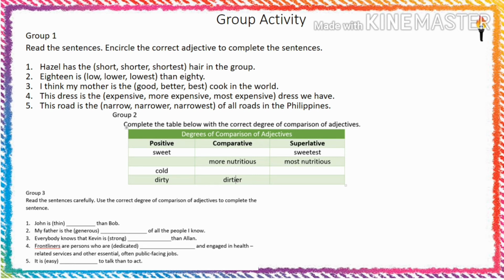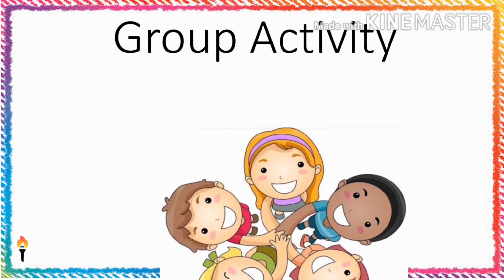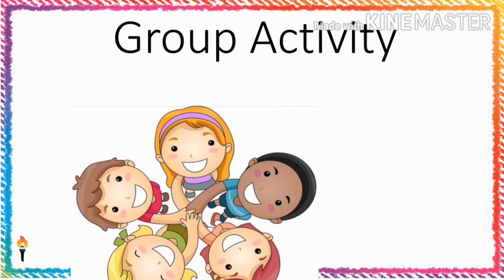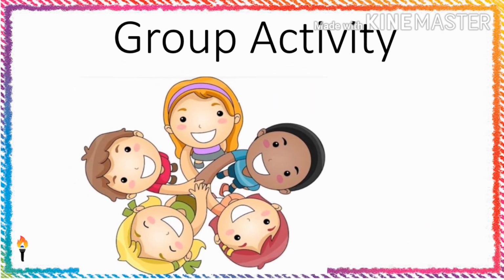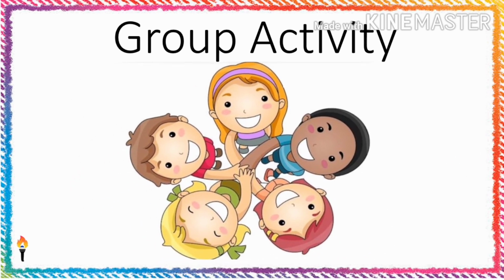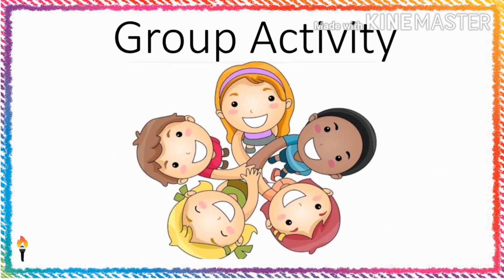And for group 2, you have to complete the table with the correct degree of comparison of adjectives. For group 3, you have to read the sentences carefully and use the correct degree of comparison of adjectives to complete the sentence. You can start working on your own. Okay? Please be reminded to participate and minimize your voices, and that we also have a time limit.